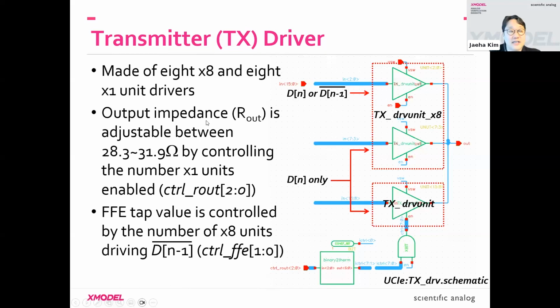Our UCIe spec says you want to keep the output impedance at 30 ohms, which is slightly different from other standards, which try to set it at 50 ohms, but that's what the spec says. You can adjust that R_out by enabling a different number of units driving the output. If you have more drivers, the impedance becomes lower. If you have fewer drivers, the impedance gets higher.